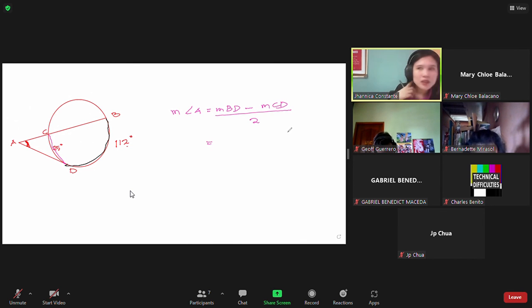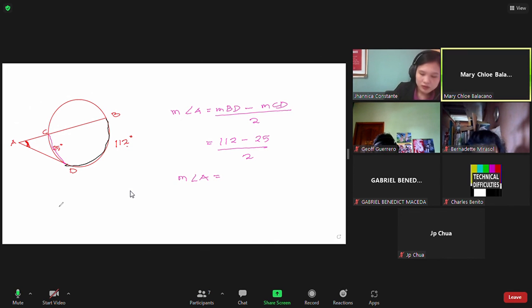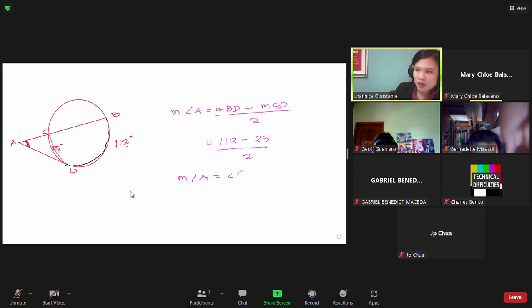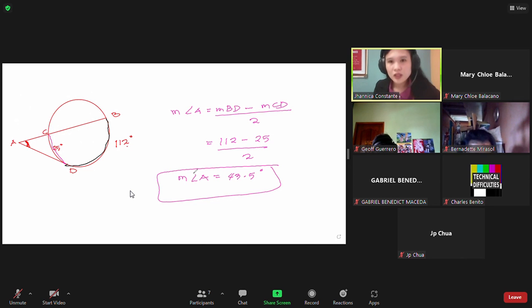Arc BD is equal to 112 minus our arc CD, which is equal to 25, divided by 2. So the measurement of our angle A is equal to 112 minus 25 divided by 2, 43.5 degrees. So that's the measurement of our angle. Any questions in this theorem?